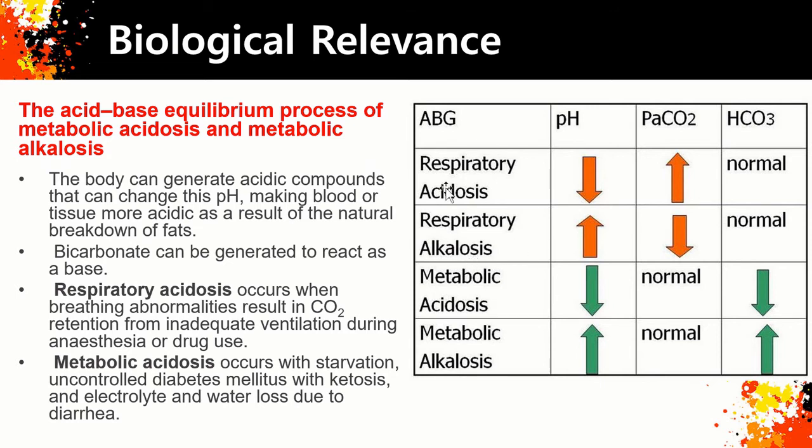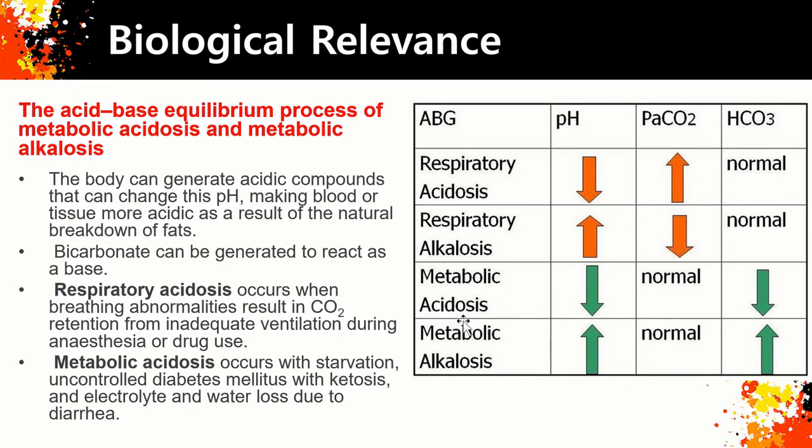for the respiratory acidosis and alkalosis, right? So we have normal bicarbonate ions here. For the acidosis, we have an increase of carbon dioxide, and for the alkalosis, we have a decrease in carbon dioxide. And clearly, if it's acidosis, we have a decrease in pH, and if it's alkalosis, we have an increase in pH as a result of the change in carbon dioxide.